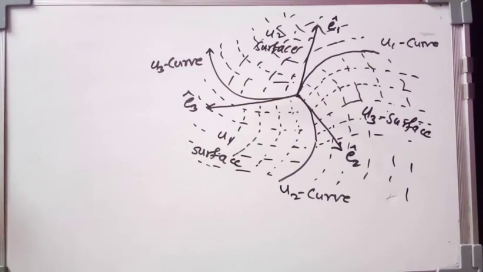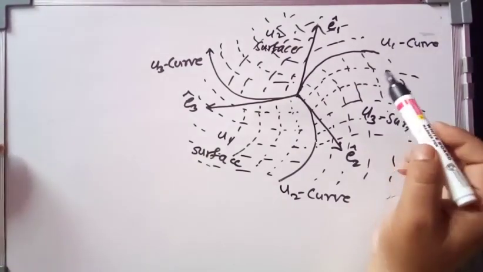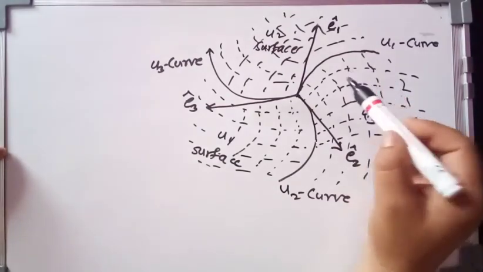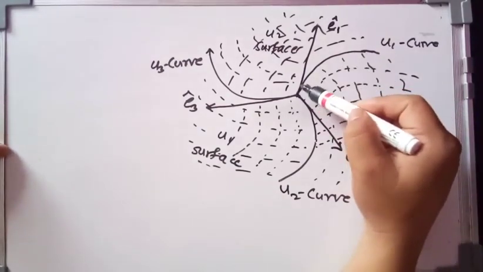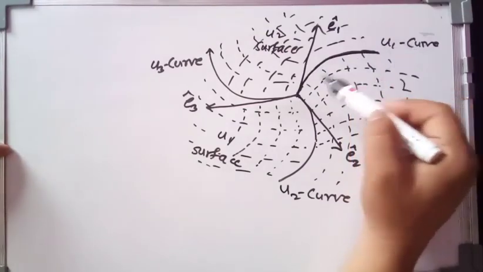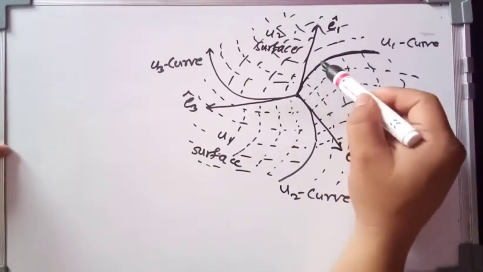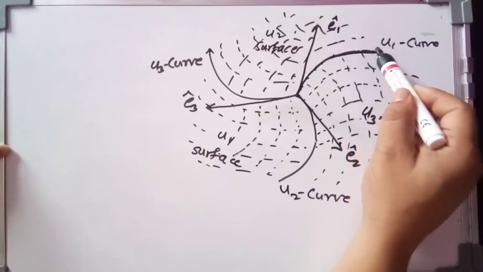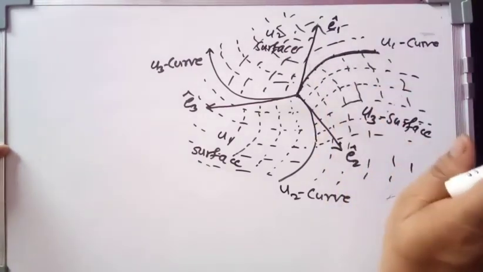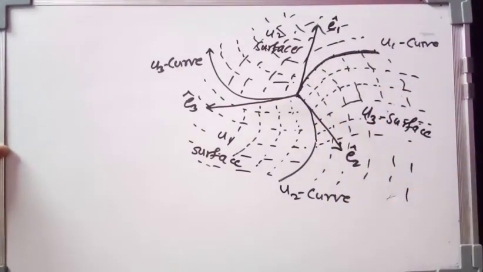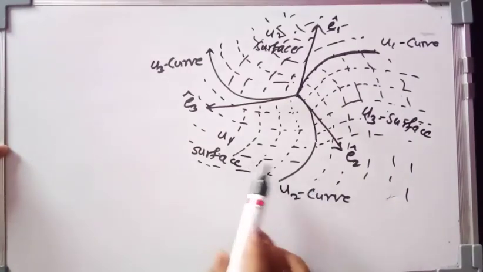On each curve, one coordinate is variable and other two coordinates are constant. Now see this u1 curve. On this u1 curve, u1 coordinate is varying and other two coordinates are fixed. Therefore, it is known as u1 curve. Similarly, on u2 curve, u2 is variable, other two u3 and u1 are constant.